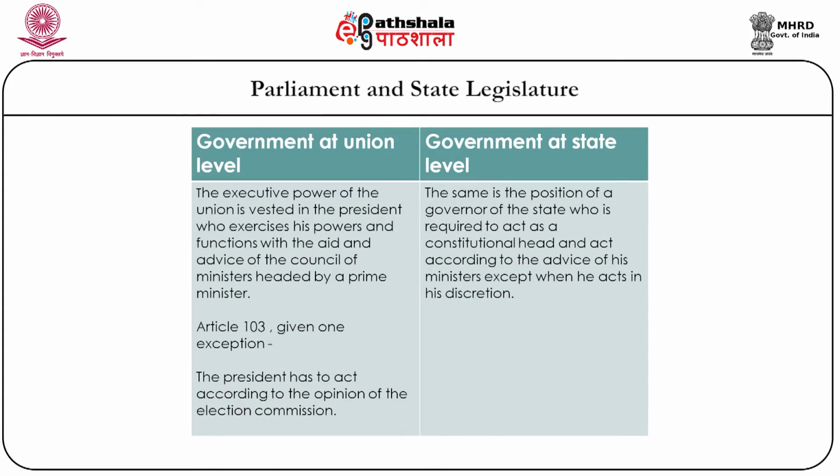At this level also there is one exception: the Governor can also act in his own discretion in a few situations. He is not always bound by the advice of the ministers and the Chief Minister.